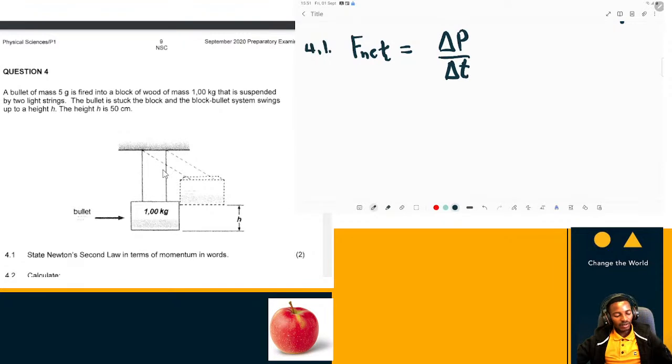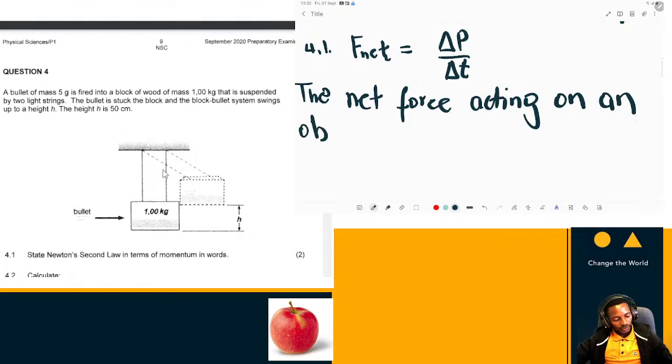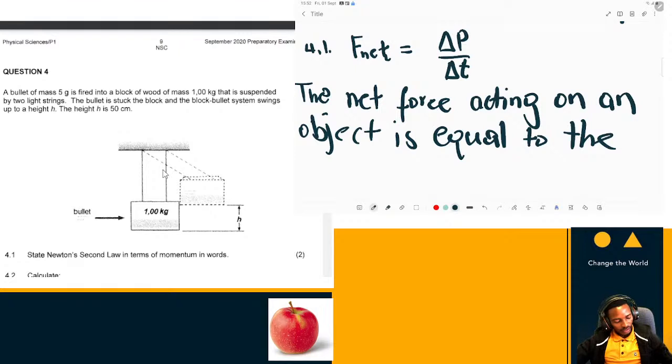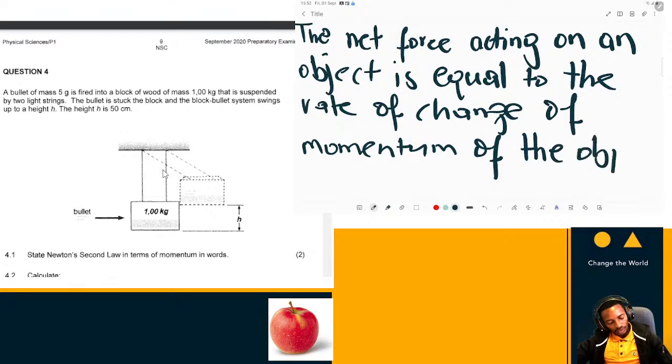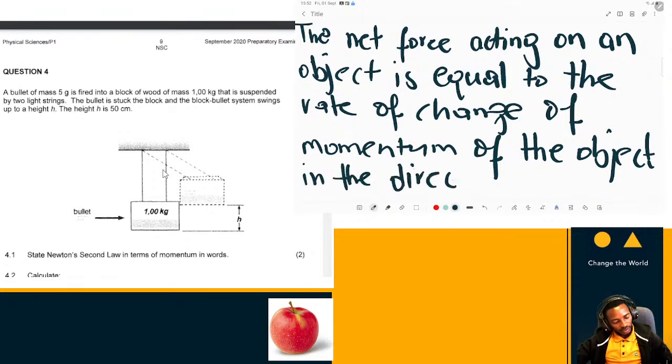So now if we state this law in words, it states that the net force acting on an object is equal to the rate of change of momentum of that particular object, and this rate of change is in the direction of the net force.